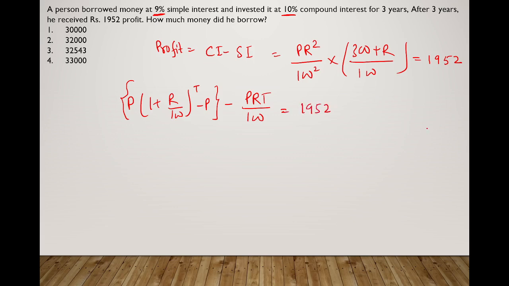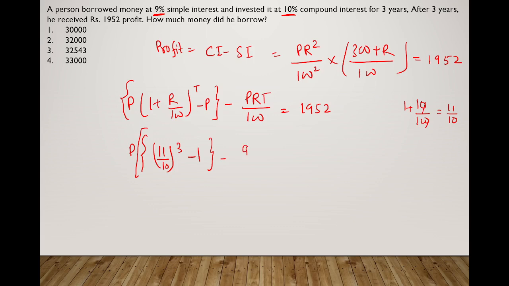Let's solve it. 1 plus R by 100, with R as 10, becomes 11 by 10. So directly we can put it here. We take P as common, and for 3 years, 11 by 10 to the power 3 minus 1.